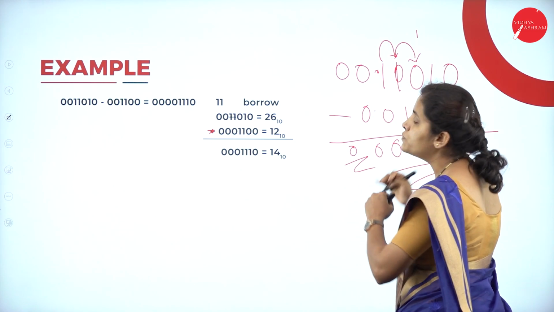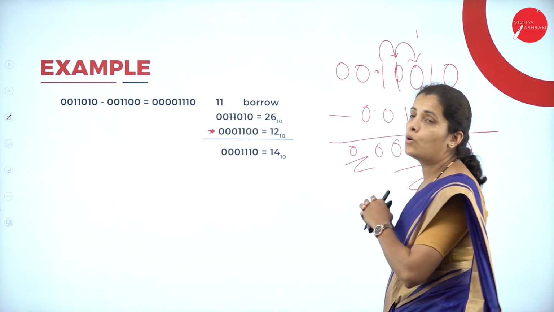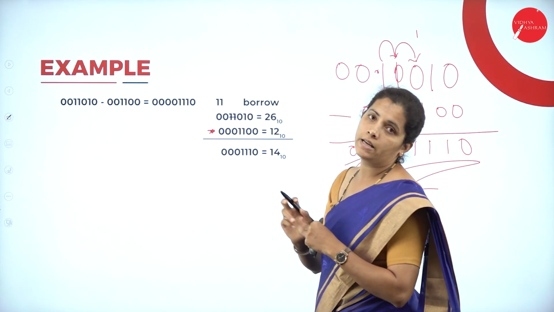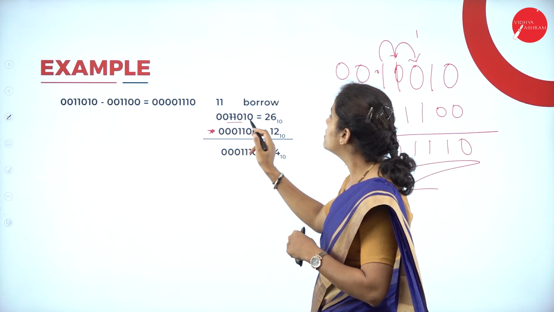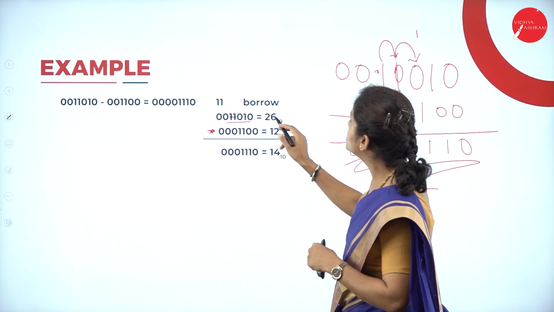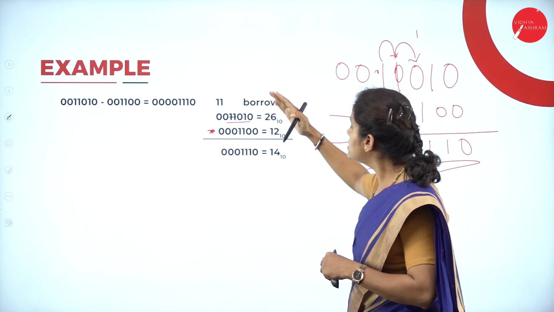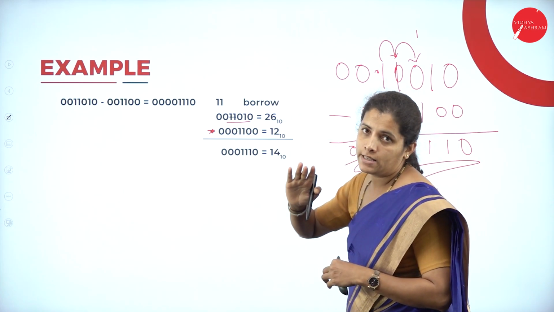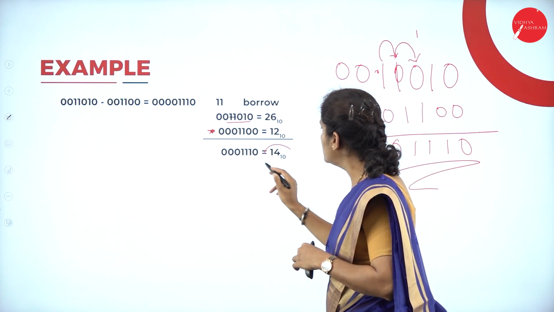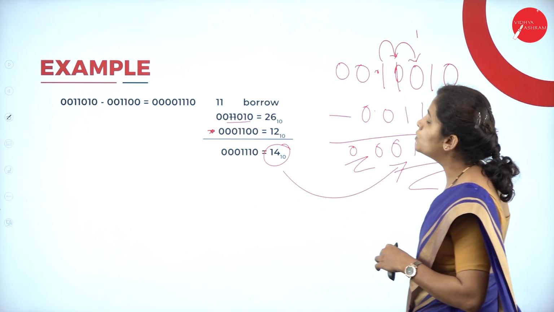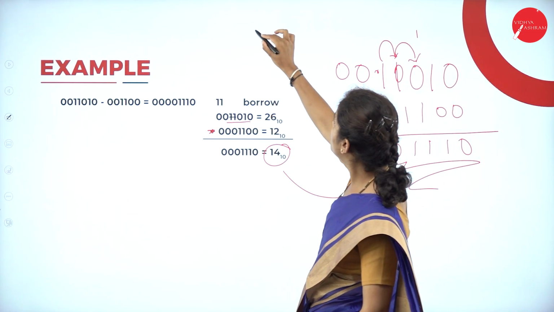So to cross verify this answer, what I did here is I have taken decimal equivalent for this binary number. So it is 26 and here it is 12. So after subtracting 26 and 12, I'm going to get 14. So cross verify this 14. So what is the binary representation of 14?